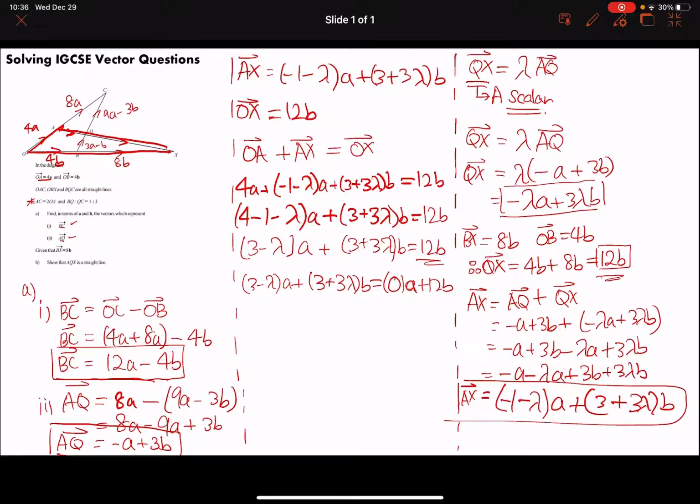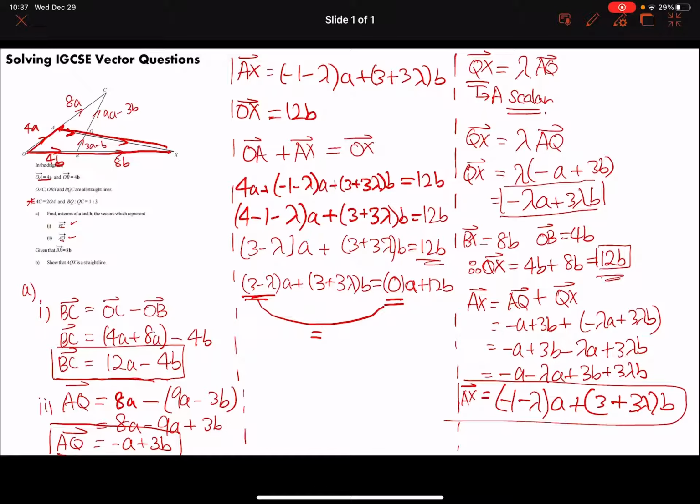I'll explain a very important fact in vectors: the coefficient of A on the left hand side is equal to the coefficient of A on the right hand side, and the same goes for B, or any other vector in the question.